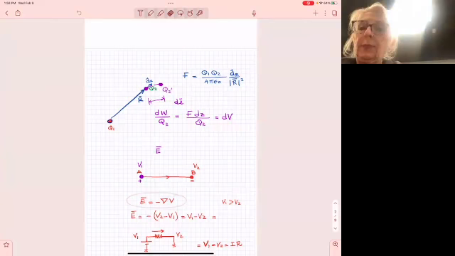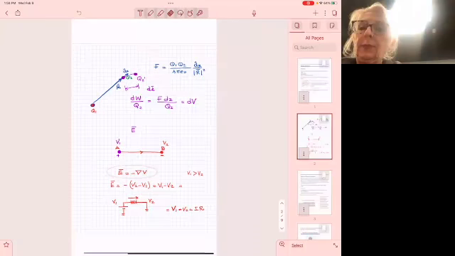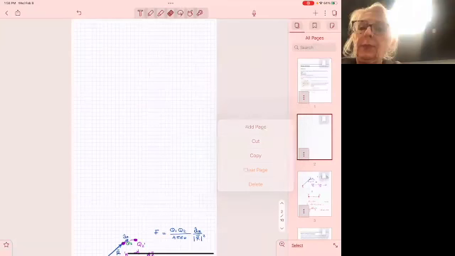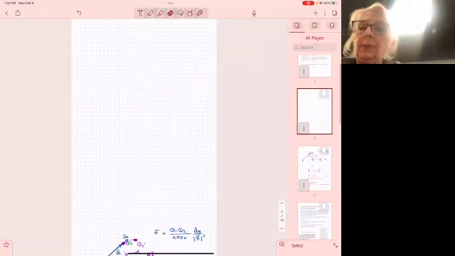All right, so now, before we go there, I wanted to also, which I will give to you as a problem, but I would like you to start thinking about the following problem on the basis of what we have seen so far. So I'm gonna add a page, and I will move this page here.